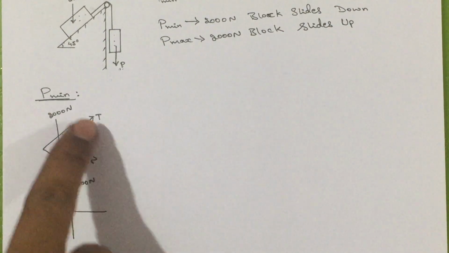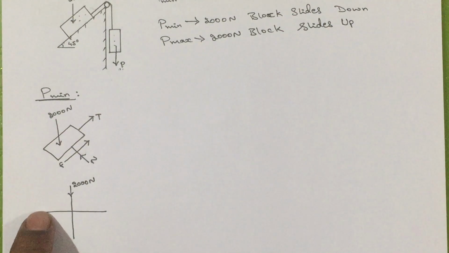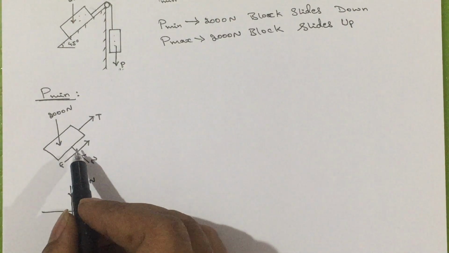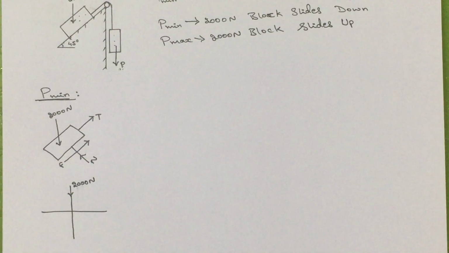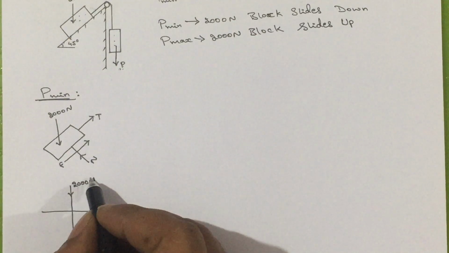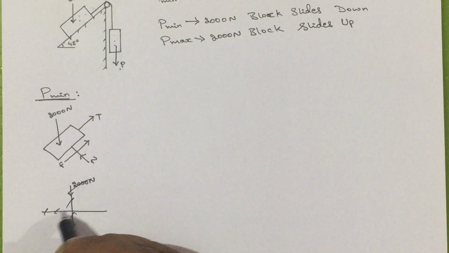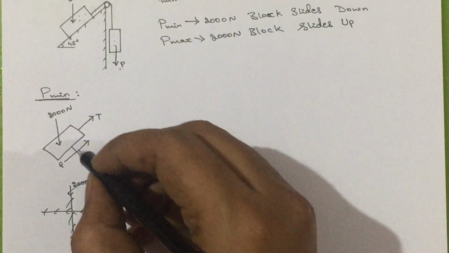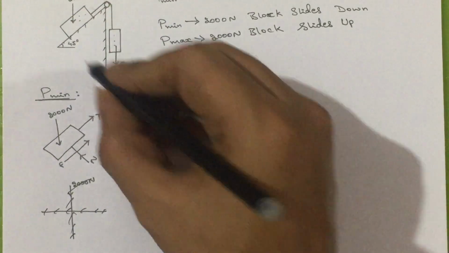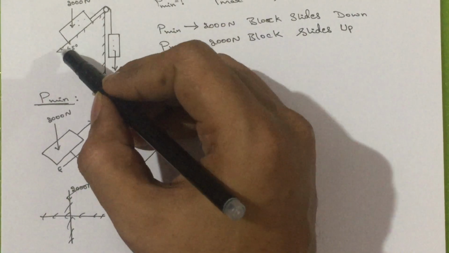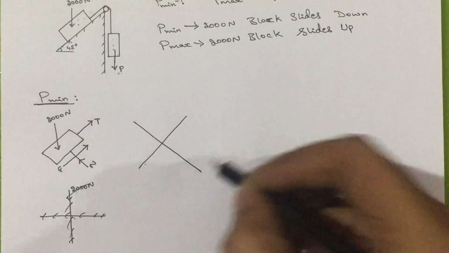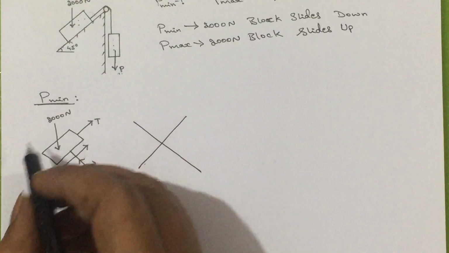You can simplify these forces along the original horizontal and vertical direction, or you can simplify these forces along the plane as well as perpendicular to the plane. So let us simplify these forces along the plane and perpendicular to the plane. Along the plane I will write one line, and perpendicular to that one, write a line. Then go on writing the forces.